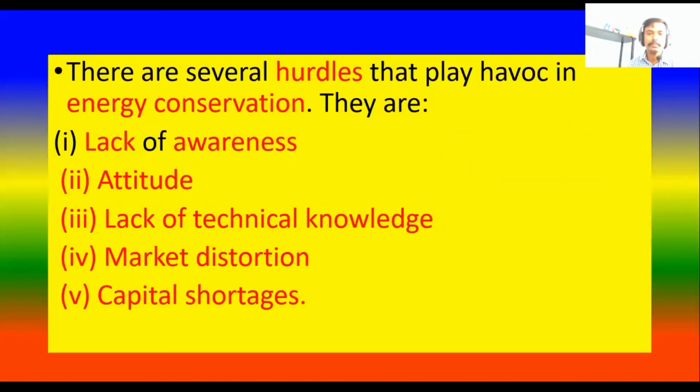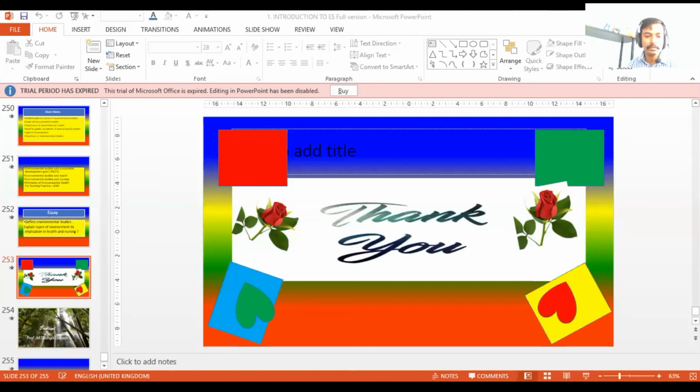Next, several hurdles that play a role in energy conservation. We will learn about them in the next section. We also discussed the principles of practice nursing in environmental and sustainable development. Then the sixth unit, social issues.